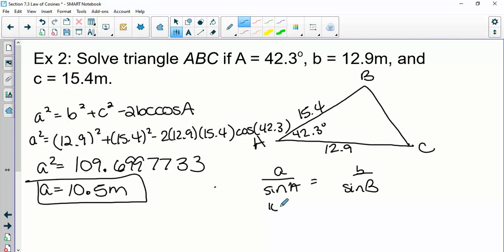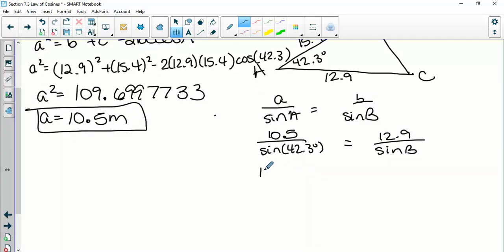So side A we just found to be 10.5, divided by the sine of 42.3 degrees, equals side B, 12.9, divided by the sine of B. It's not very cool.